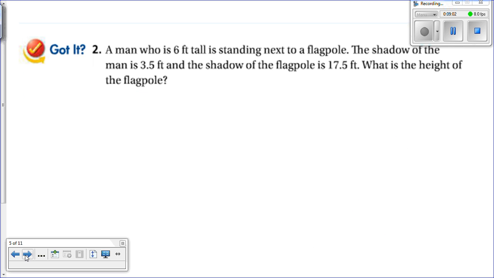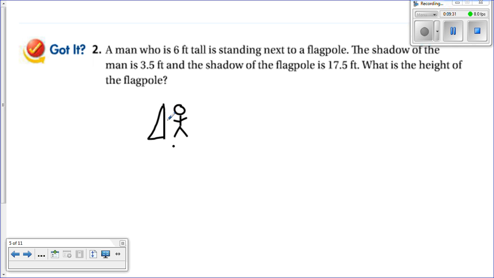Okay. A man who is 6 feet tall is standing next to a flagpole. The shadow of the man is 3.5 feet, and the shadow of the flagpole is 17.5 feet. So here is the triangle, here's the man.